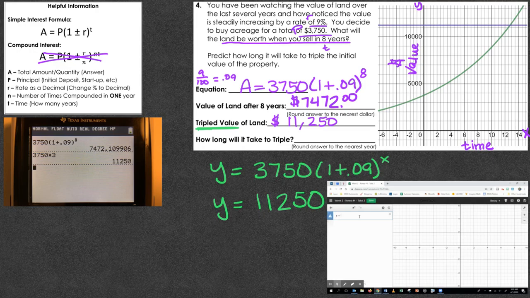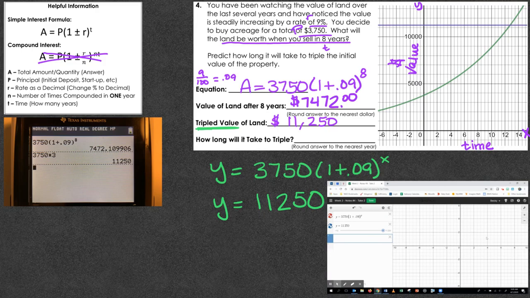I've gone in, I put y equals, and I'm going to type out the first equation exactly like I did on the notes. And here you go. There we put the x for the exponent because that's what we're looking for. We're looking for time. And then our other equation is y equals 11,250.